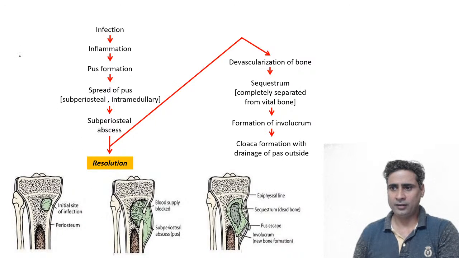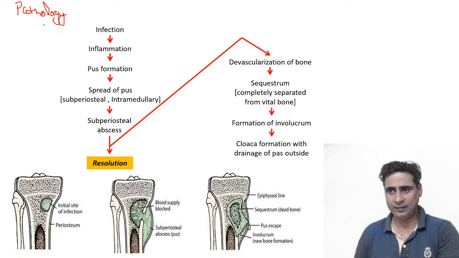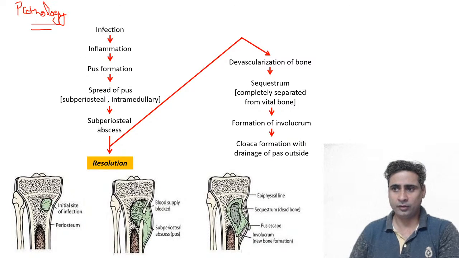Now you will see the basic pathology. What happens once the bacteria arrive at this particular area? Through blood, bacteria reach this area and cause infection, and as soon as there is infection, it leads to acute inflammation.